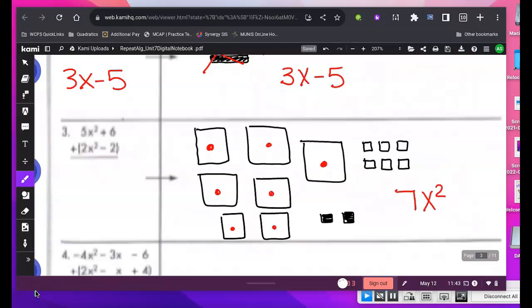I can cancel out 2 of my little tiles with the 2 negative tiles. And now I have 1, 2, 3, 4 positive tiles left. So plus 4. So my expression, the final polynomial, 7x to the second power plus 4.